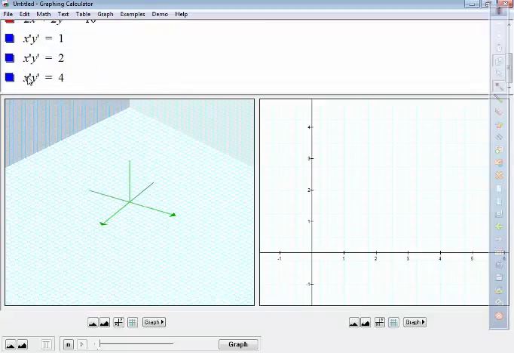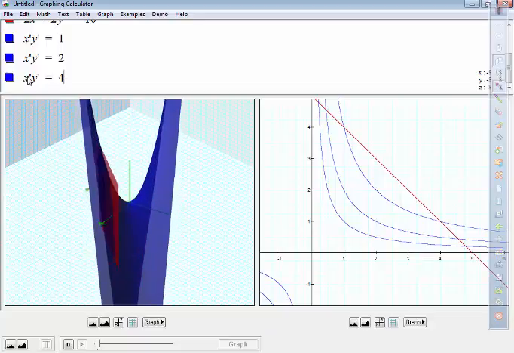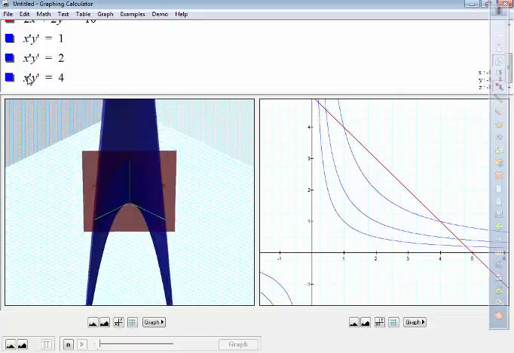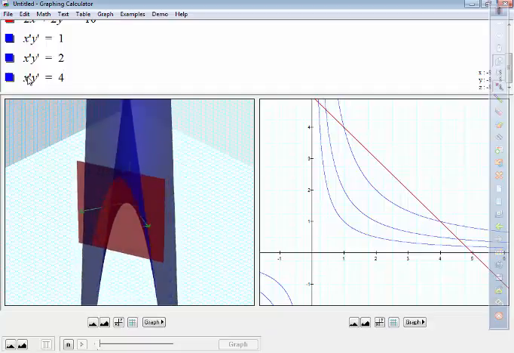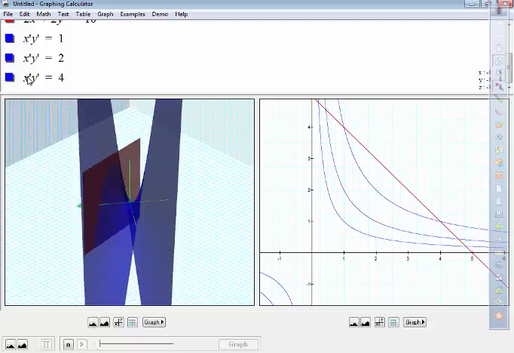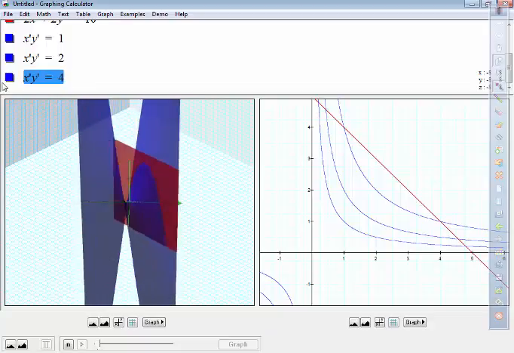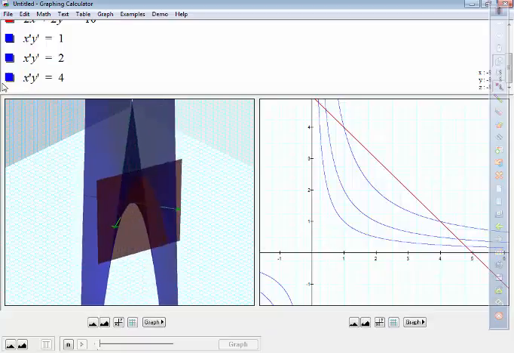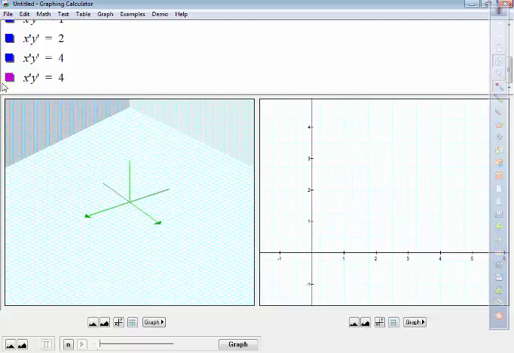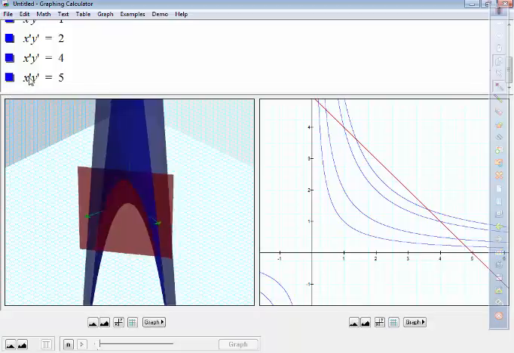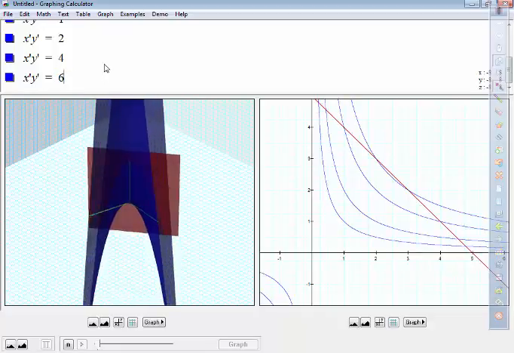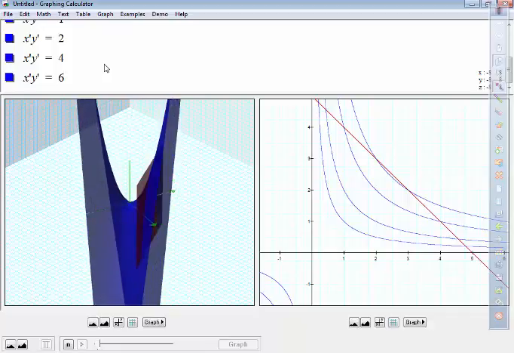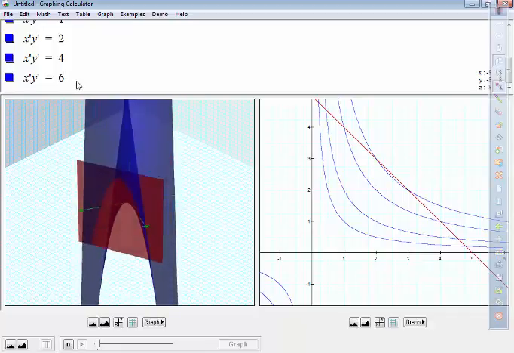Level curves, right, are just setting that function equal to a constant. So my function is x times y, and I'm just setting it equal to a constant, and then I'm seeing how it looks in the graph. Let's do 6, maybe. And then 8.